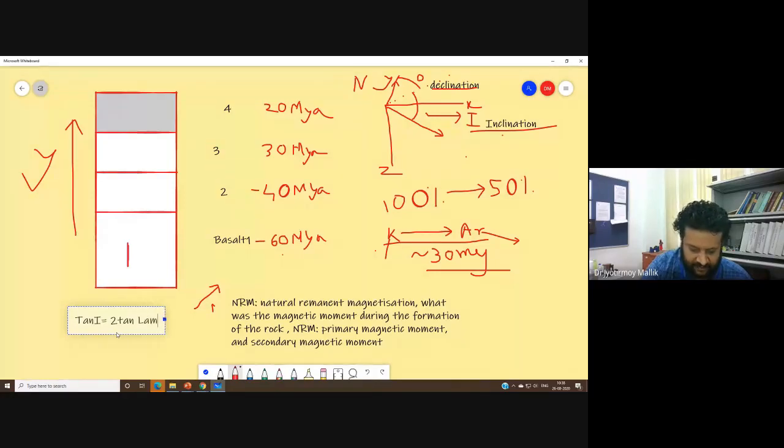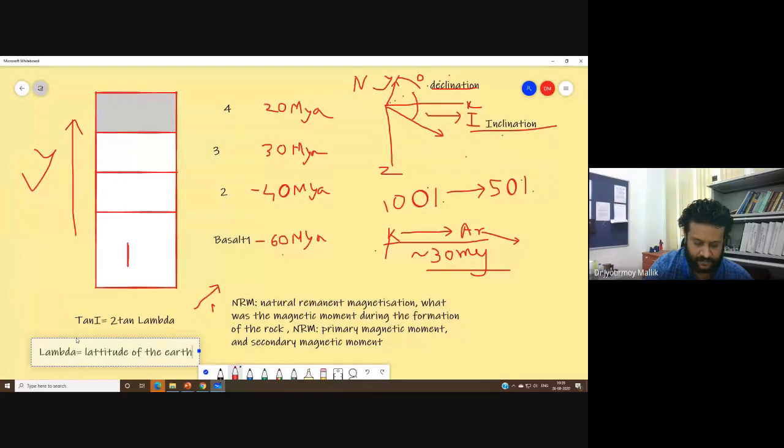I'm just writing tan I equals 2 tan lambda, where lambda is the latitude of the earth where the rock formed.